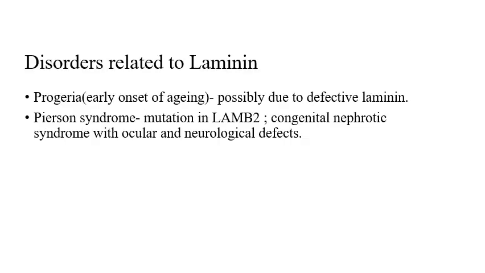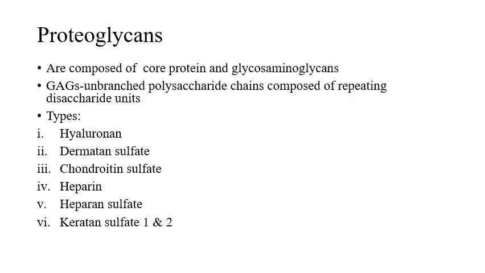And the disorder related to laminin includes progeria, that is early onset of aging, and this may be because of defective laminin. And next disease is Pierson syndrome, where there is mutation in the gene of laminin B2, and this will present with congenital nephrotic syndrome with ocular and neurological defects.